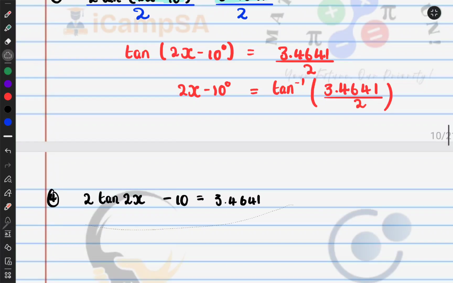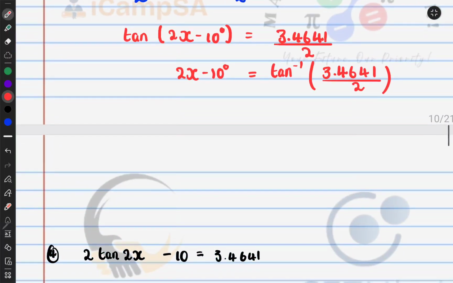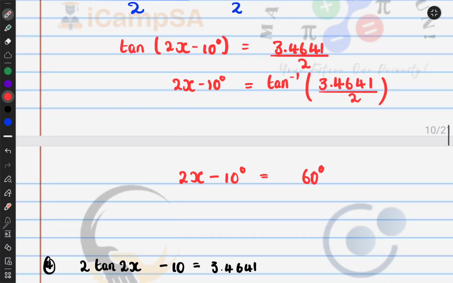Let's evaluate tan inverse. The angle 2x minus 10 degrees is equal to tan inverse of 3.4641 over 2. That is equal to 59, or essentially 60 degrees. That is equal to 60 degrees.